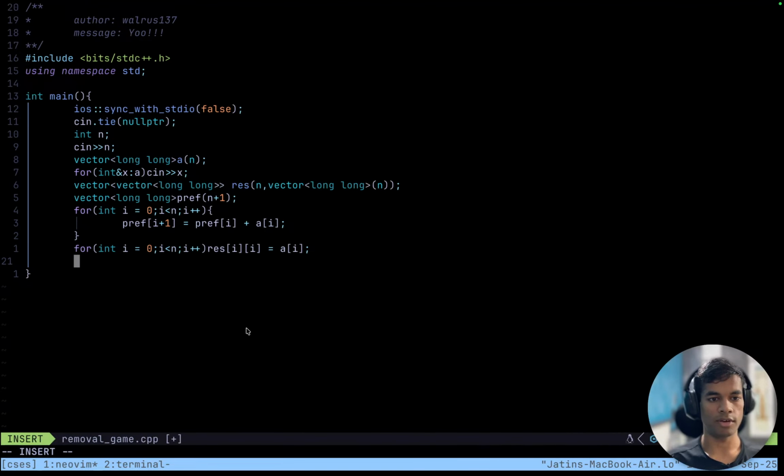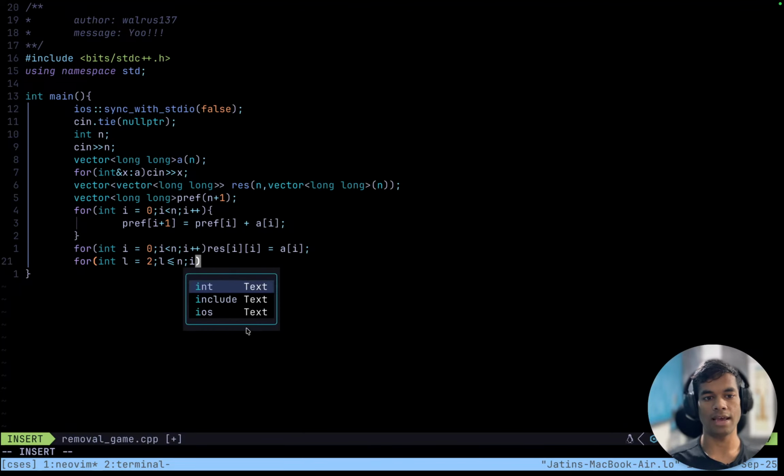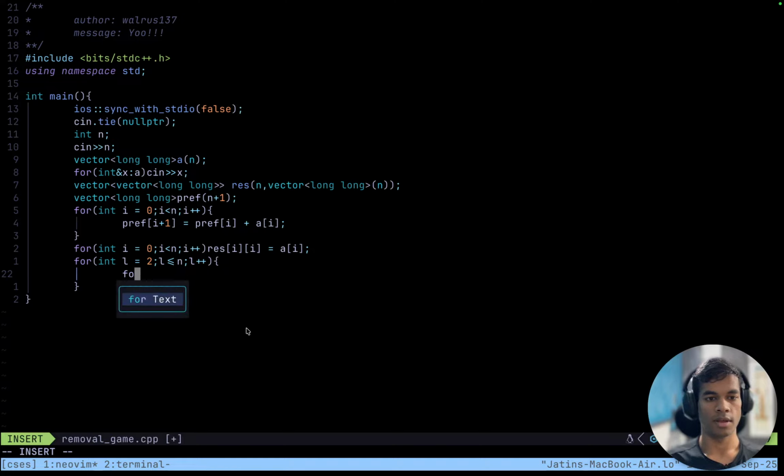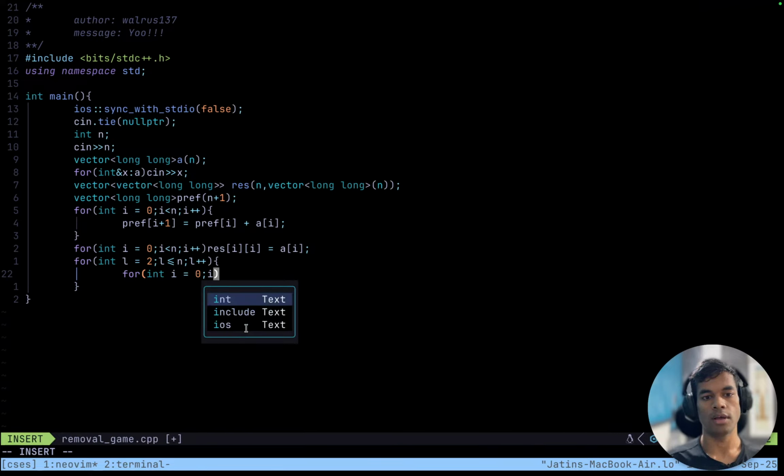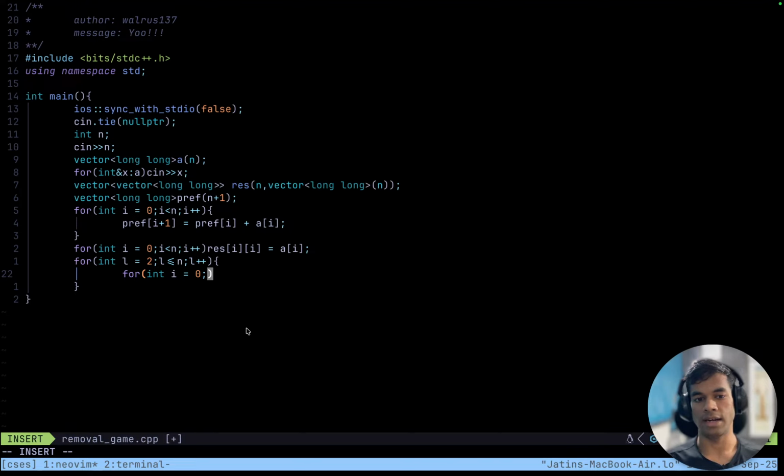And now our prefix is also filled. Now we will iterate with length starting at 2, and length will never exceed n, and it will keep increasing till then. And internally we will start iterating from i equals 0, while the right index would be i plus L minus 1, because the ith number should also be included.